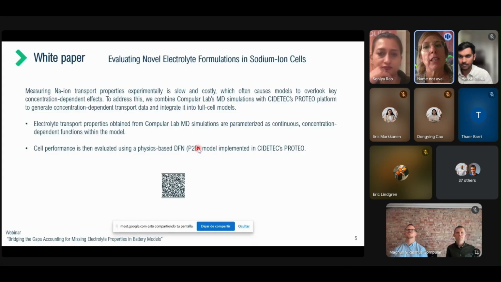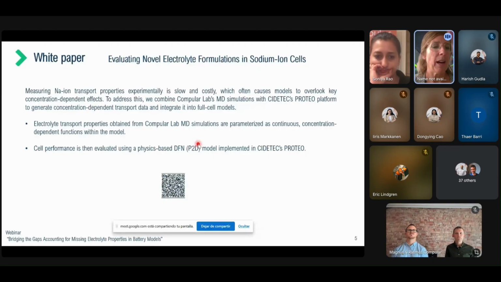But obviously, in this case, we are talking about the electrolyte, where we need to have information on these transport properties. And it's true that on the experimental side, we've dedicated a lot of effort to extracting the transport properties through experiments. And I can assure you that it takes a lot of time.